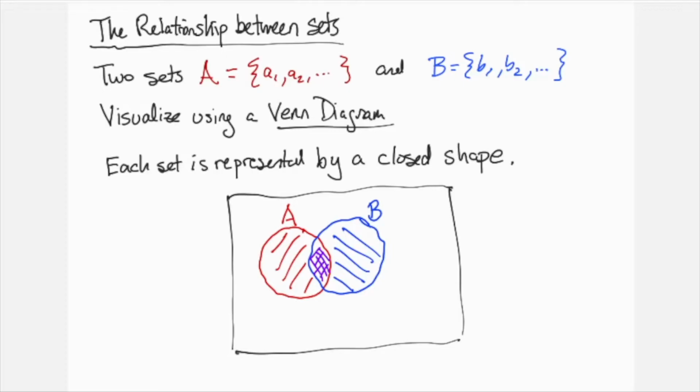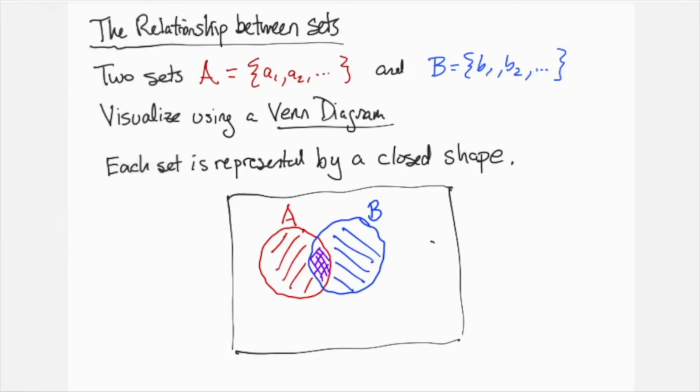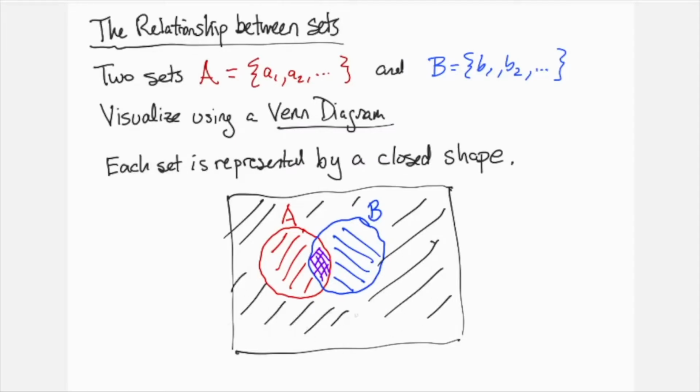We also need to be aware that there may be some elements that are neither in A nor in B, and so they need to live outside of those two circles. Let me now pass this over to my colleague, who will be introducing some more definitions.